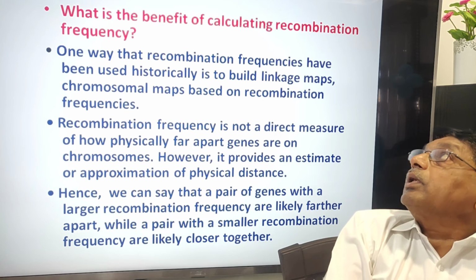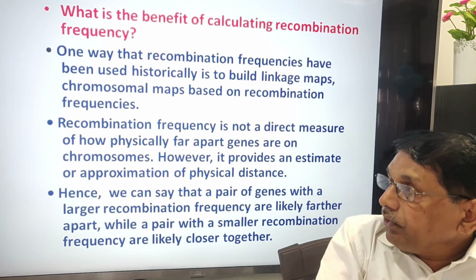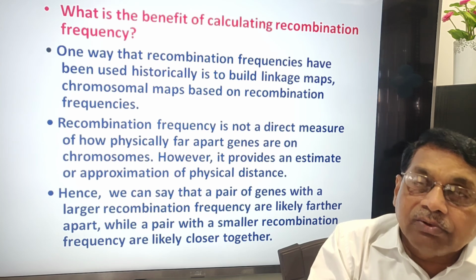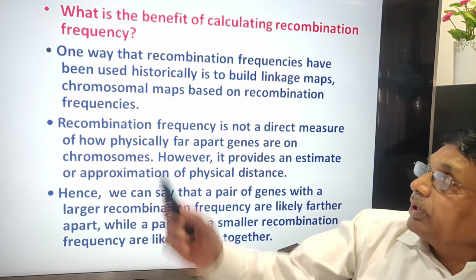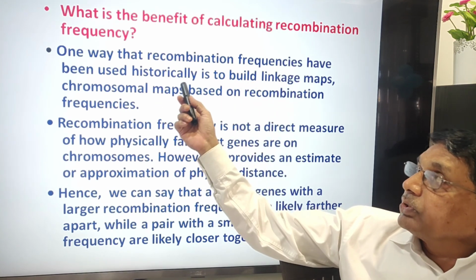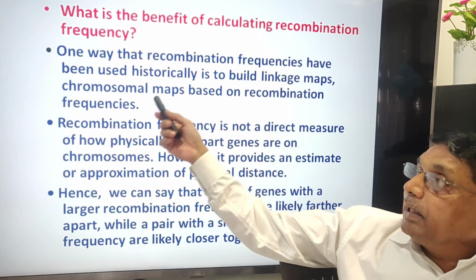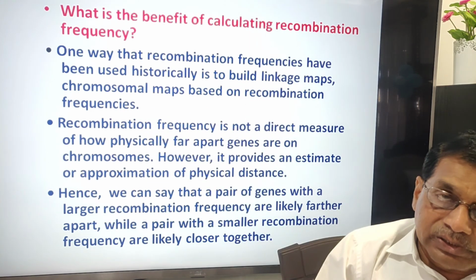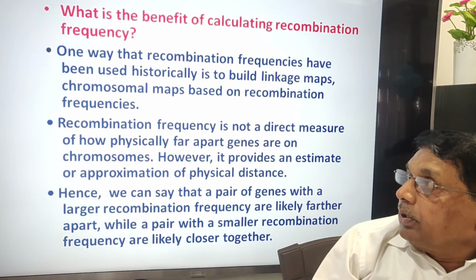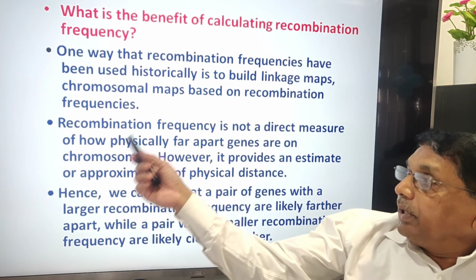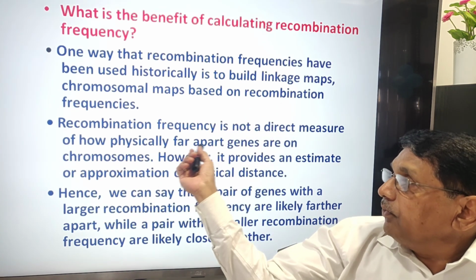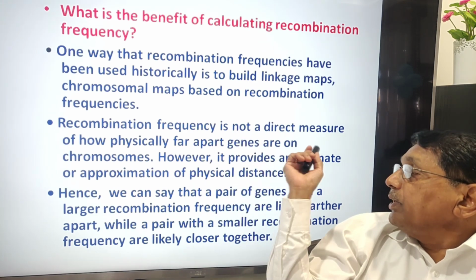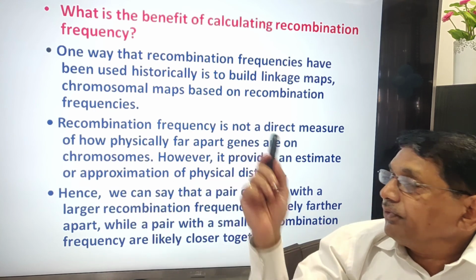What is the benefit of calculating the recombination frequency? There are several, genetically and otherwise. One way recombination frequencies have been used historically is to build linkage maps, chromosomal maps based on recombination frequencies. Recombination frequency is not a direct measure of how physically far apart genes are on chromosomes. However, it provides an estimate or approximation of physical distance.